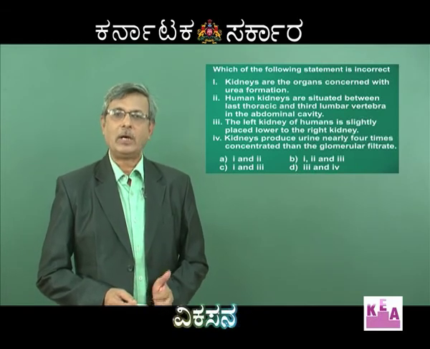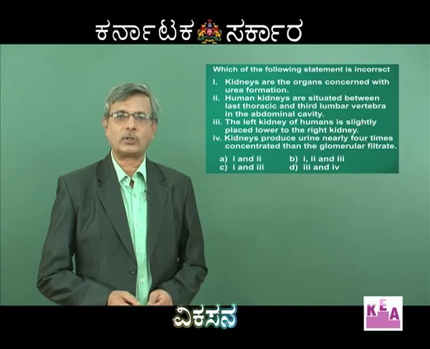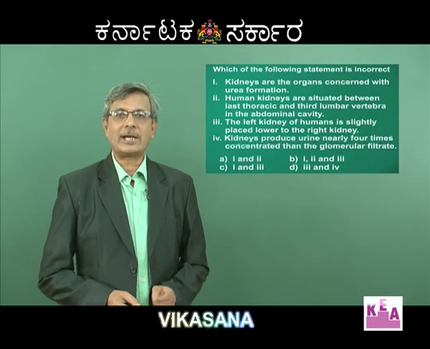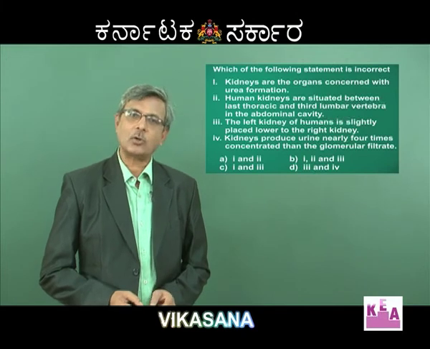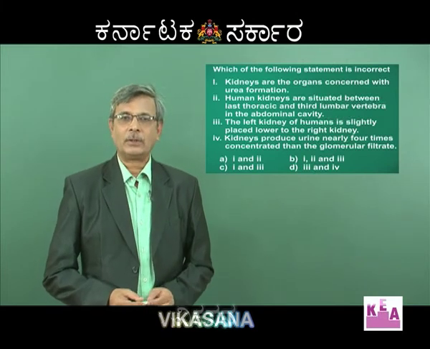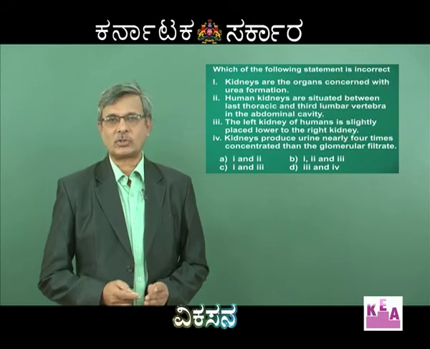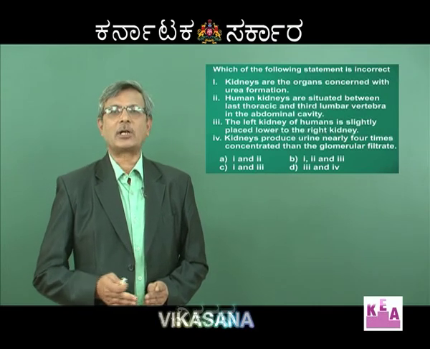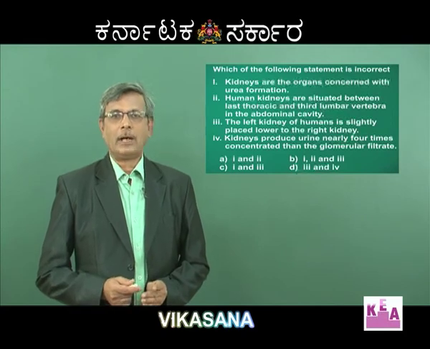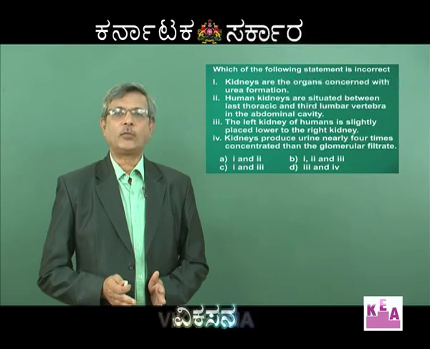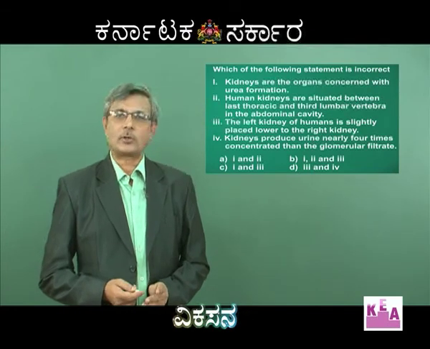They are namely ultrafiltration or glomerular filtration, tubular reabsorption and tubular secretion, also called augmentation. Remember, glomerular filtration is not a selective process. It is driven by a pressure gradient, and effective filtration pressure is found to be around 15 to 20 millimeters mercury.